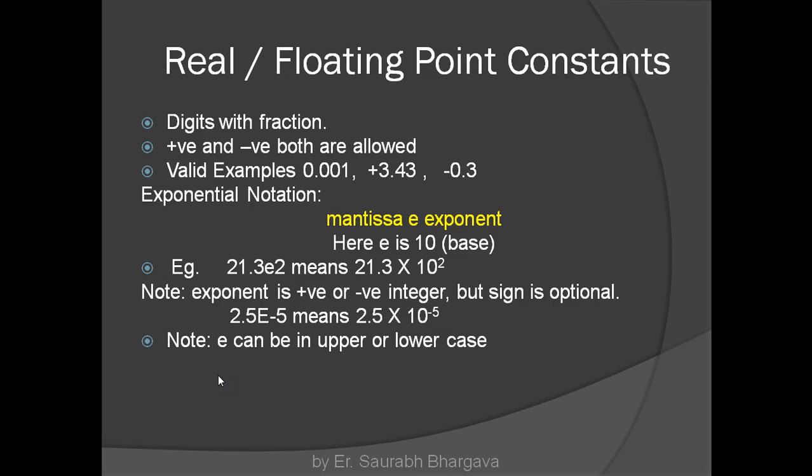Note, e can be in uppercase or in lowercase, both are allowed. Some invalid examples. Here the exponent is a floating point value, which is not allowed. In this example, a space is there, which is also not allowed.